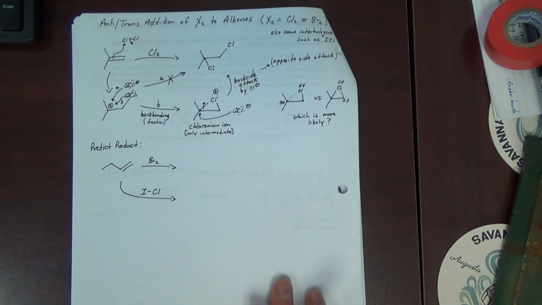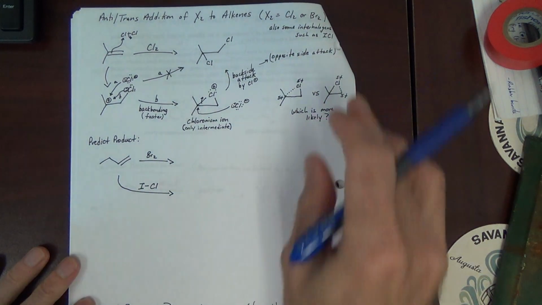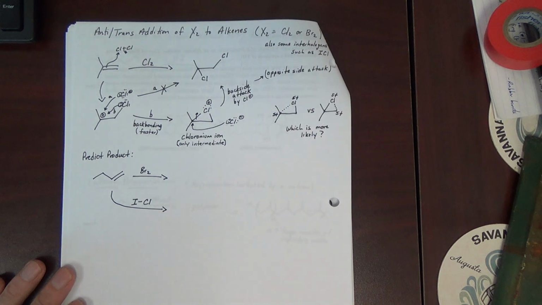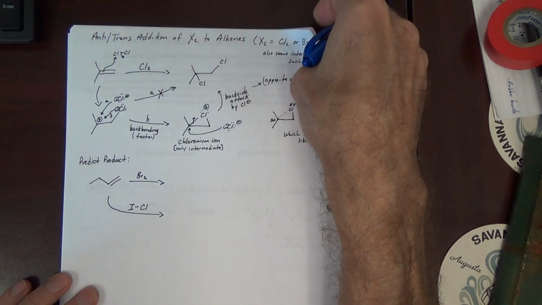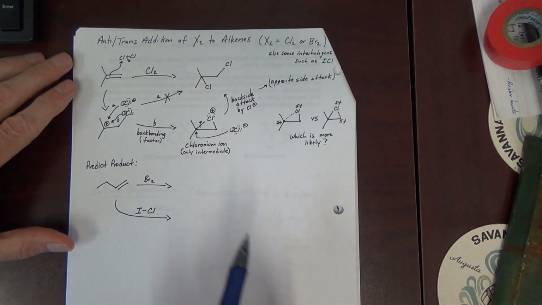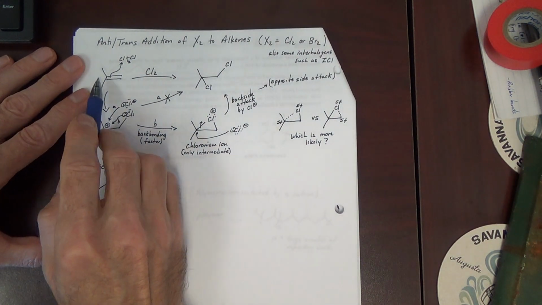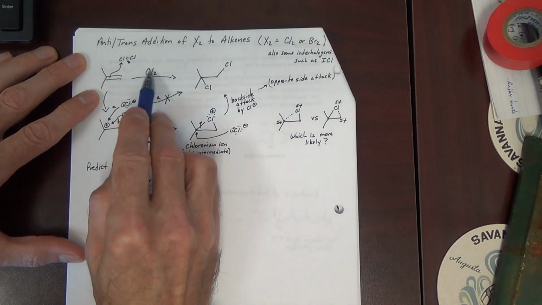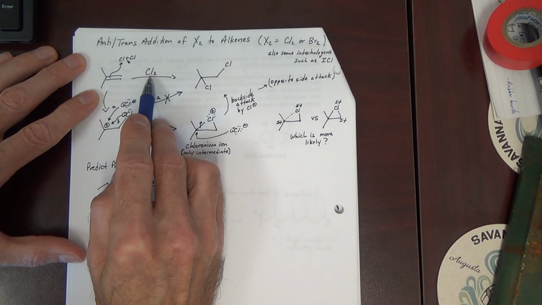Okay, this reaction is shown here in our notes handout. And it's illustrated by this reaction here of this alkene with elemental chlorine, of course again diatomic.